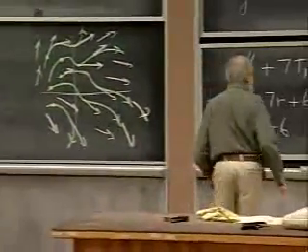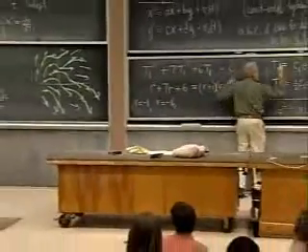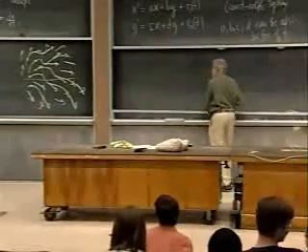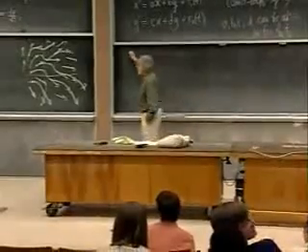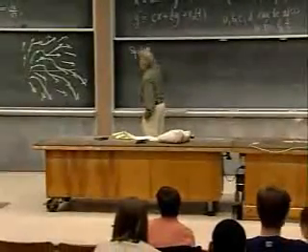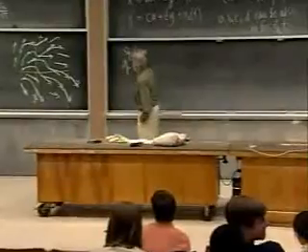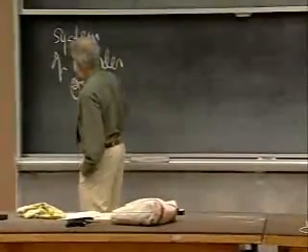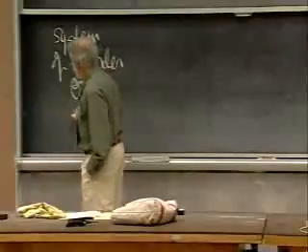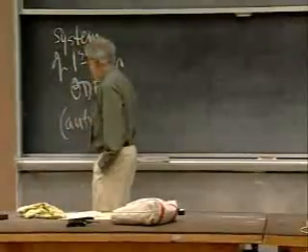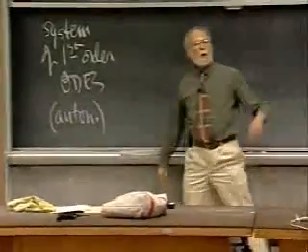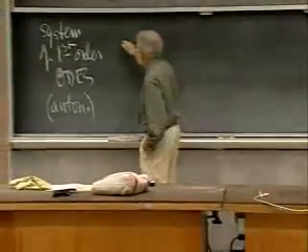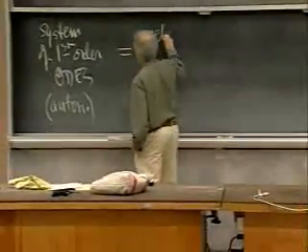So we can say a system of two first-order ODEs, autonomous, because there must be no t on the right-hand side, is equal to a velocity field.